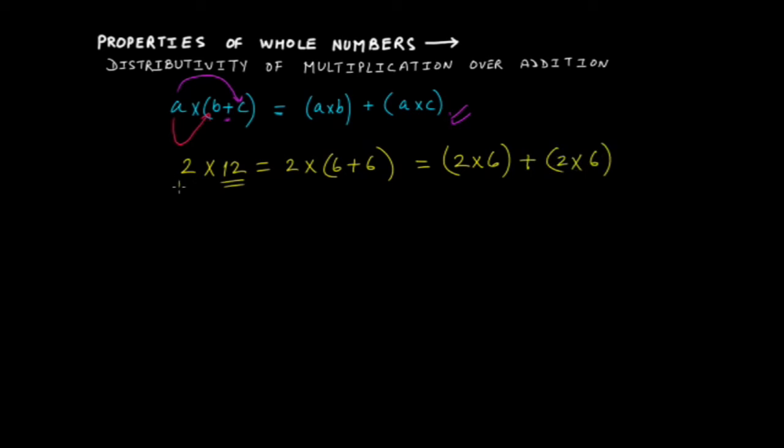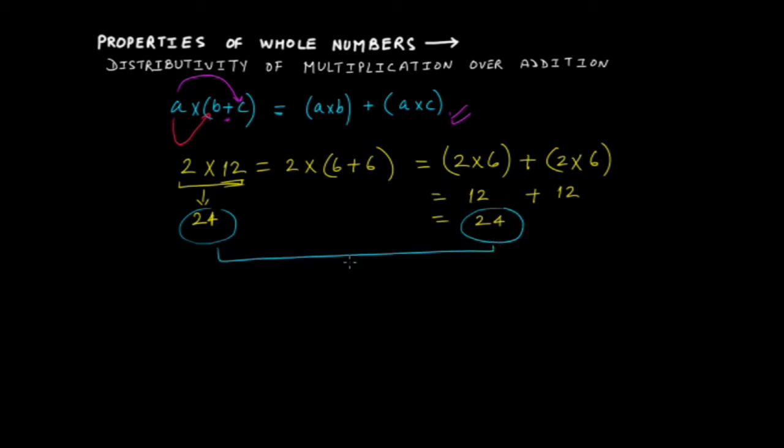In this case, the answer would have been 24, and here it would be 12 plus 12 is equal to 24. So you can clearly see that in both cases the answer is the same, and therefore it follows the distributivity of multiplication over addition.